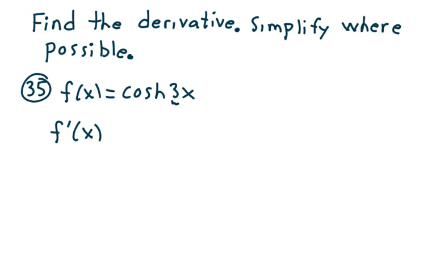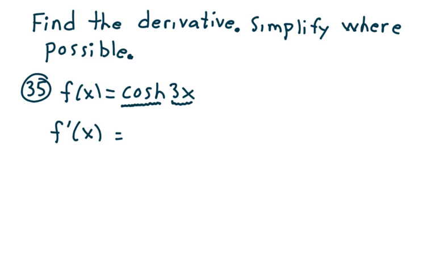Now, the inside function is 3x. So you can say h of x is 3x. The outside function is, we can call it r of x is equal to cosh x. And remember that the derivative of the cosh function is the sinh function.